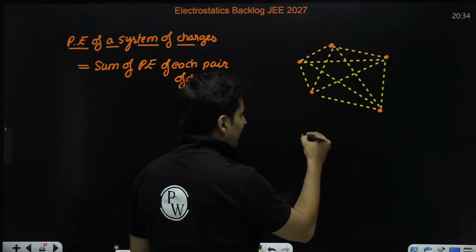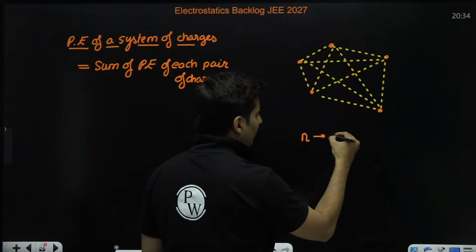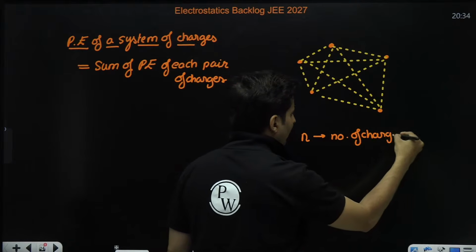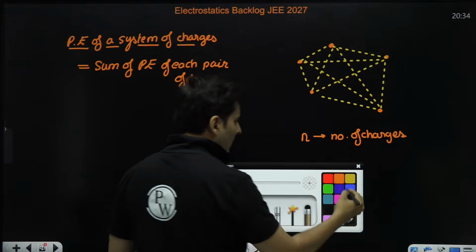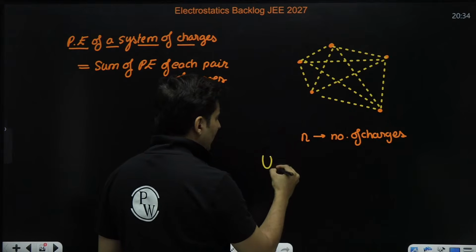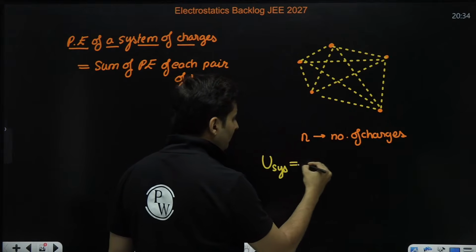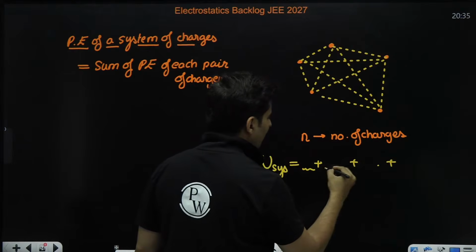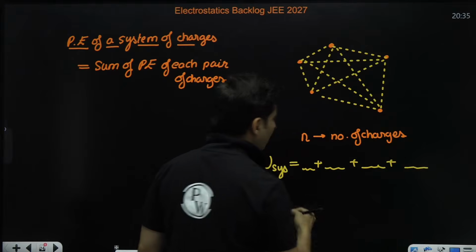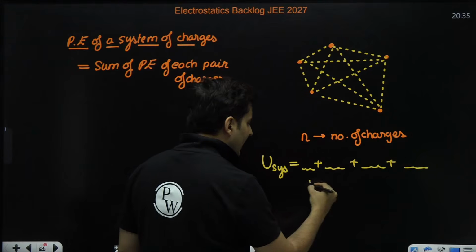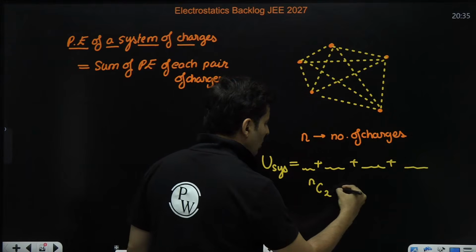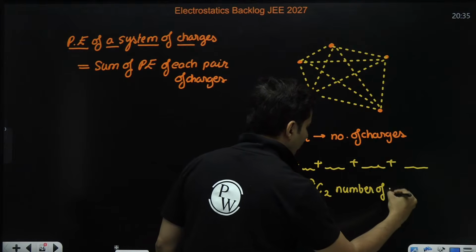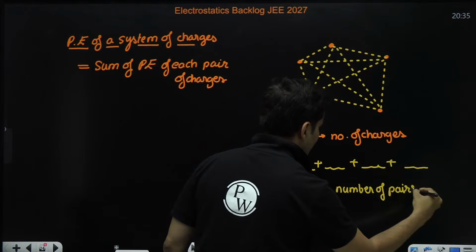So if there are n charges, the potential energy of that system will have many pluses in between. So there will be basically NC2 pairs of charges.